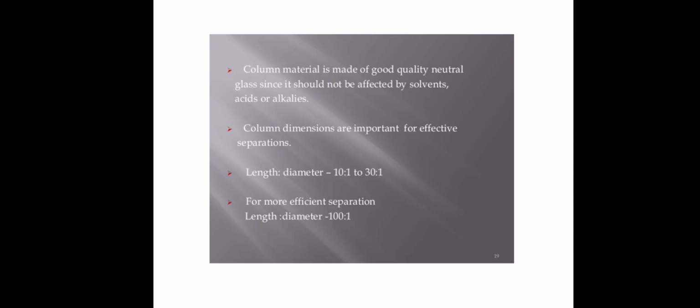Column dimensions are important for effective separations, so we should be careful while running the column. The length to diameter ratio is 10:1 to 30:1. For more efficient separations, the ratio is 100:1.